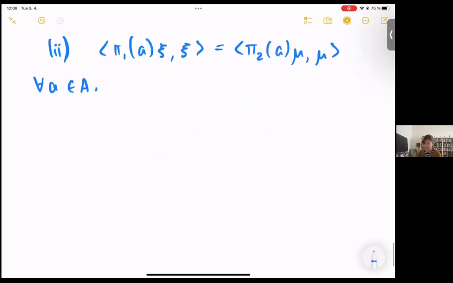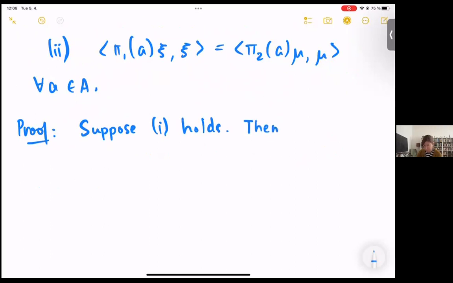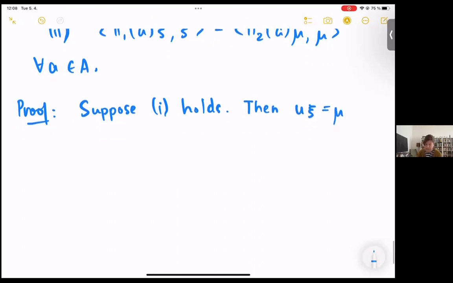Okay, if one holds, we have this unitary mapping psi to mu. And this is a unitary, so this also implies that psi is going to be the same as u star mu. So just multiplying u star on either side.